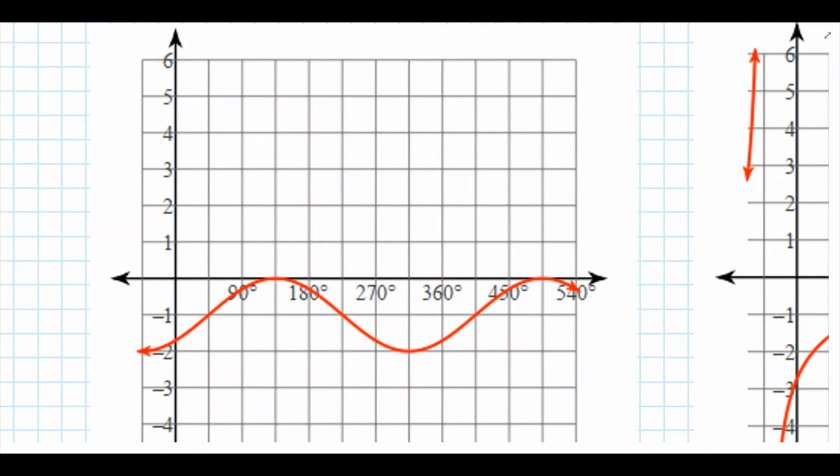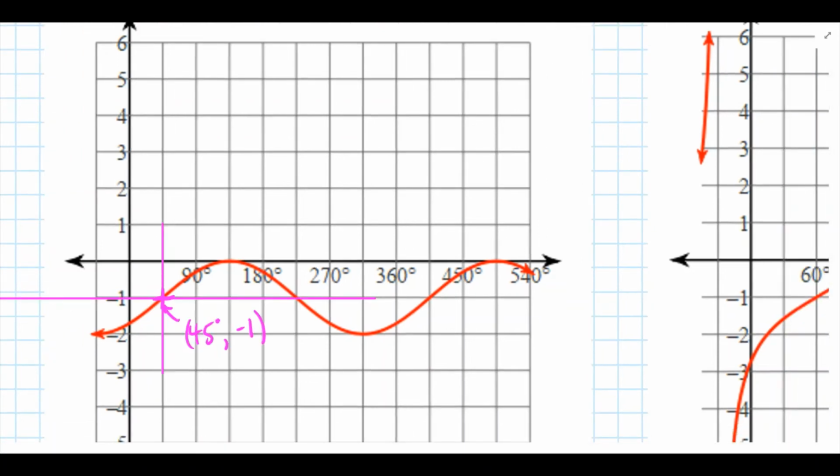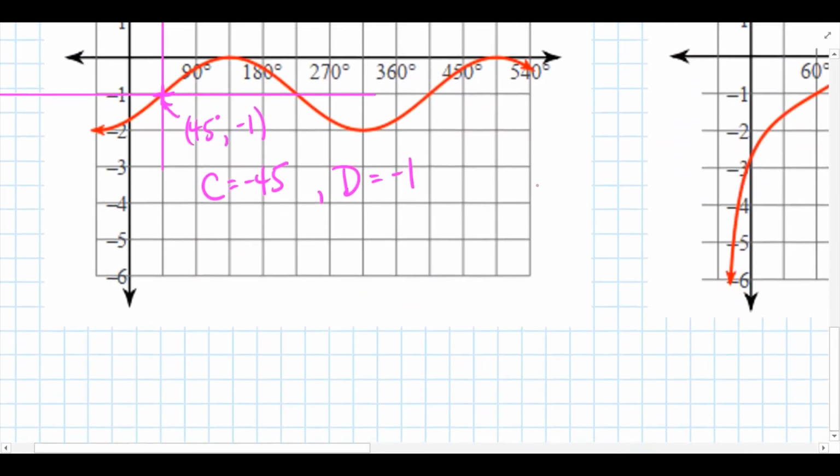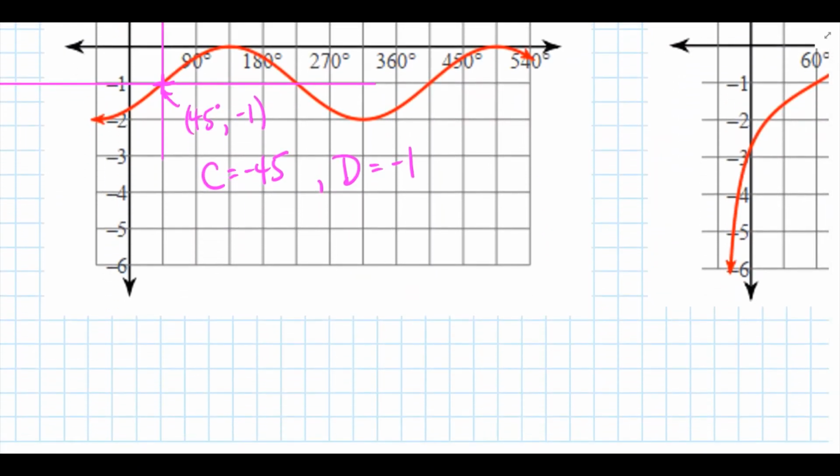To find the sine function that fits this graph, we could say that the new origin and axes are located here, which are 45 degrees to the right and 1 unit down from the initial origin. This means that our C value is negative 45 and our D value is negative 1. The function that fits this graph, therefore, is as follows.